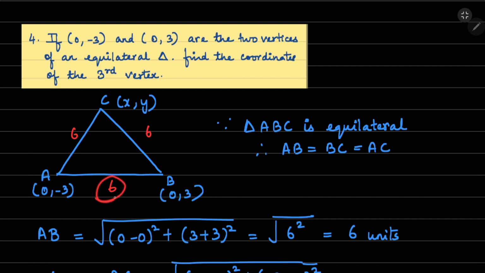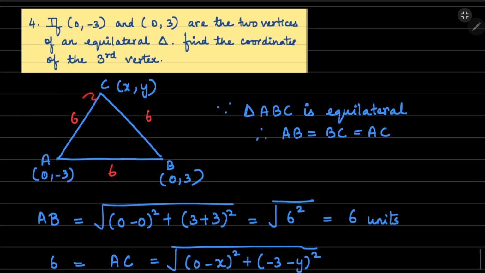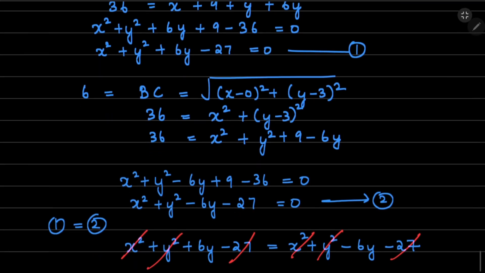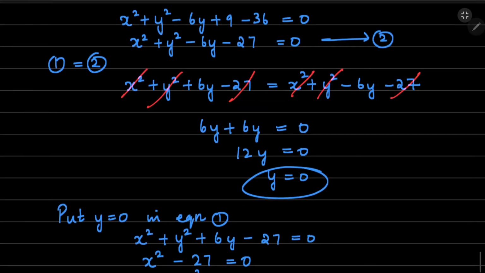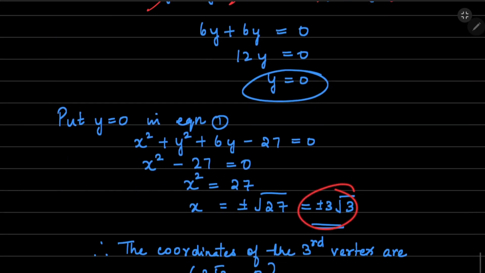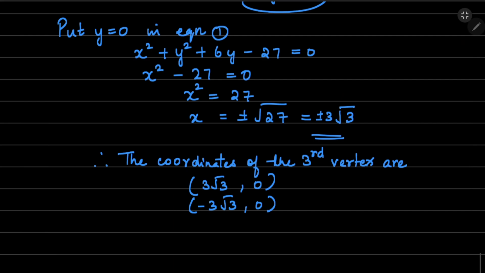And using that distance, we apply it on the other 2 sides and get 2 different equations, which we later equate, AC and BC. When you equate, you get only one of the coordinates, that is y equal to 0. Then y equal to 0 can be substituted in any one of the equations and you can get x also. So x comma y is obtained.